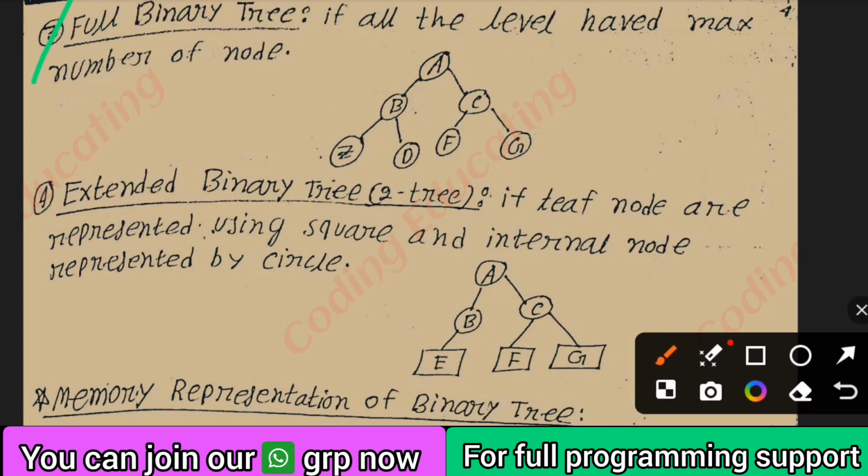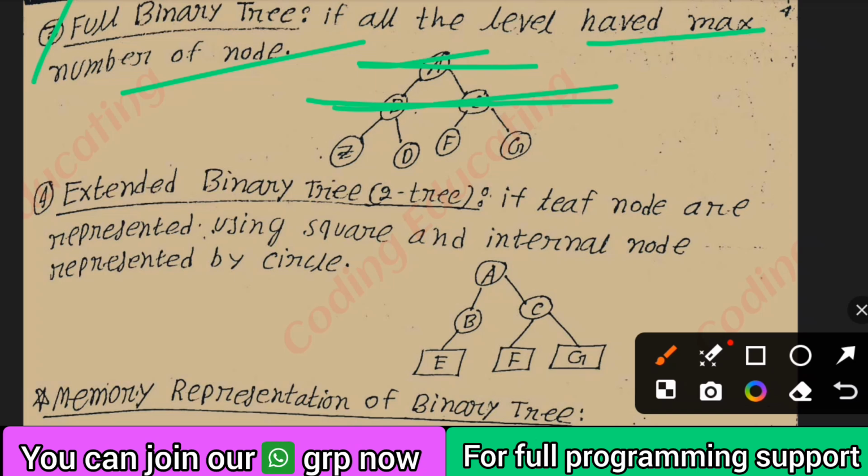Then the full binary tree. If all the levels have the maximum number of nodes, in every level you have the maximum number of nodes, then the binary tree is called a full binary tree. So in level 0, the element count is 1. In level 1, elements are 2. In level 2, elements are 4.